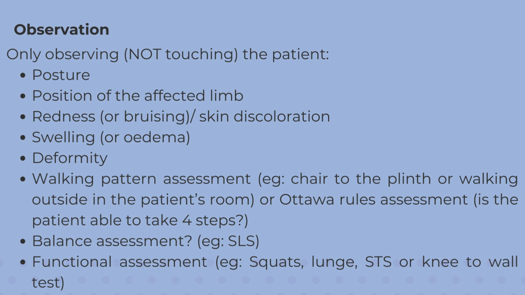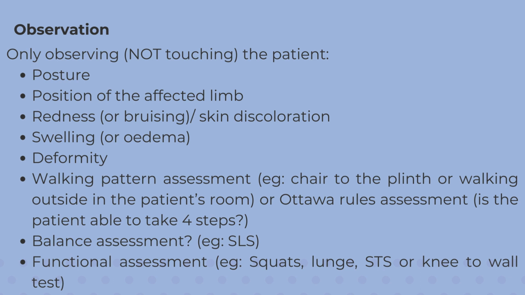So the patient says, yes, that's okay. So now your assessment starts. You are observing how the patient is sitting to standing, how the patient moves about taking the crutches in his hand, how is the patient's gait pattern, whether the patient is leaning too much onto the crutches, whether the patient is walking on his toes, whether the patient is having a heel to toe pattern, whether the knee is bent.